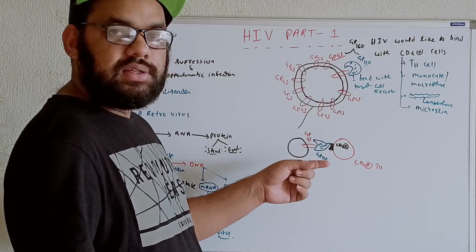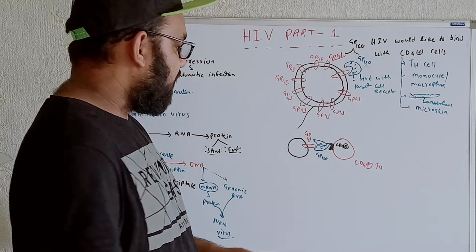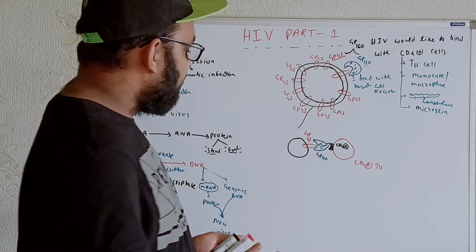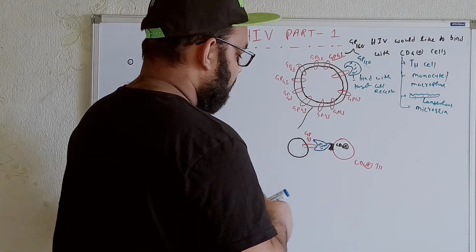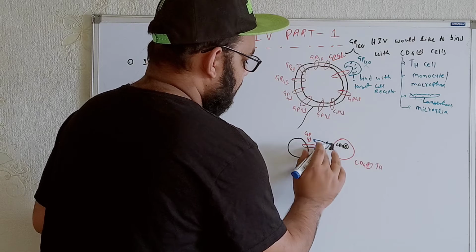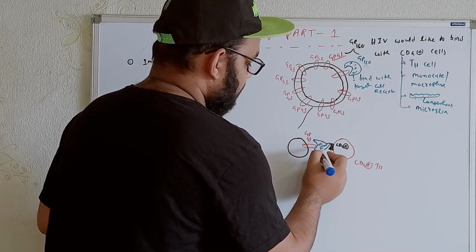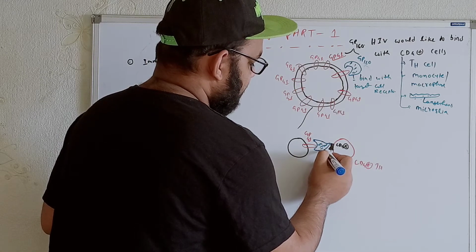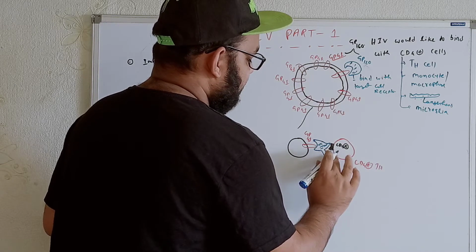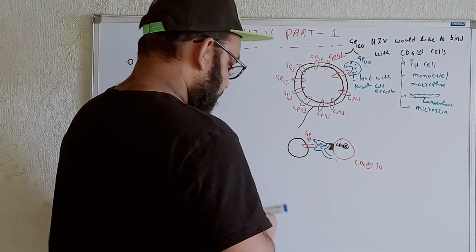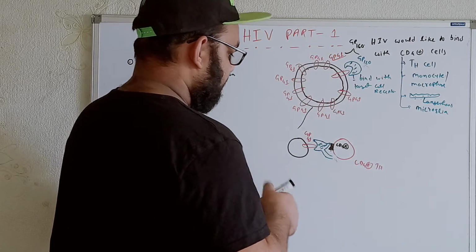The conformational changes will happen within the GP120. Whatever conformational changes happen here will strike another co-receptor, or you can say it is stimulated from these regions, and it binds another structure that is present within the CD4 positive cells.